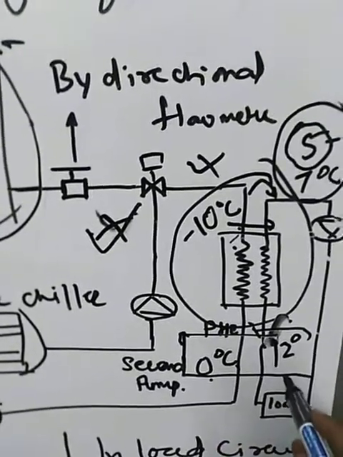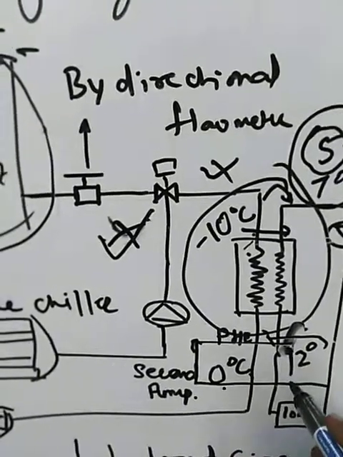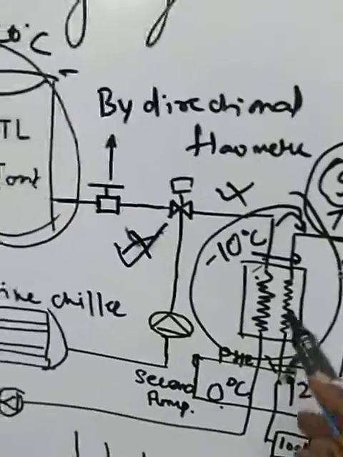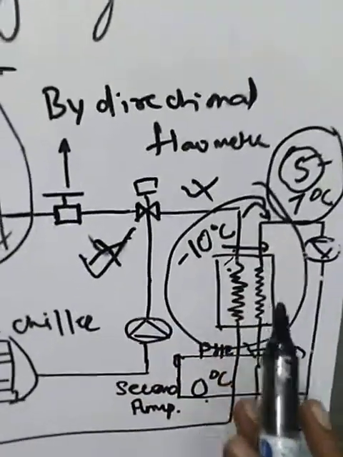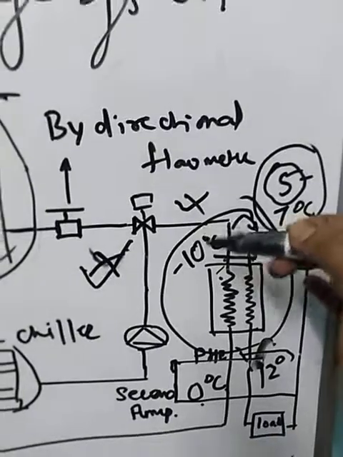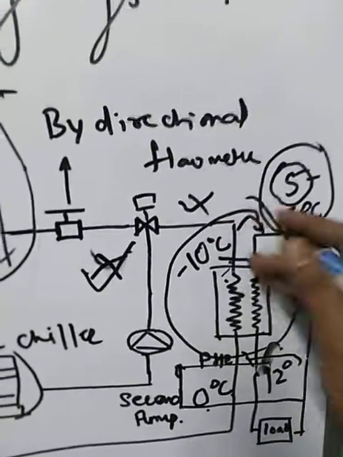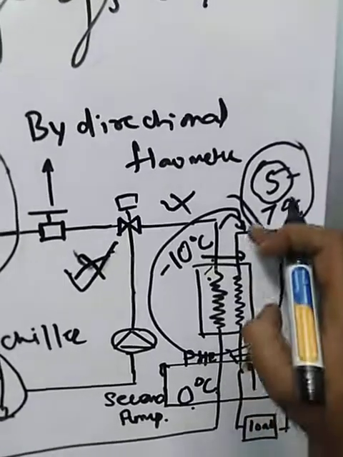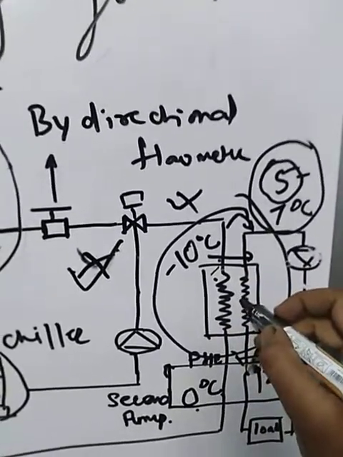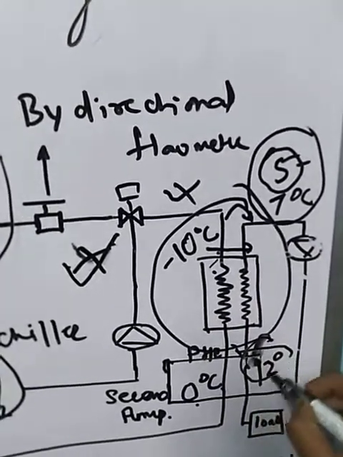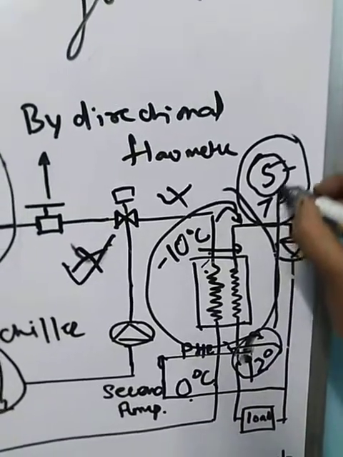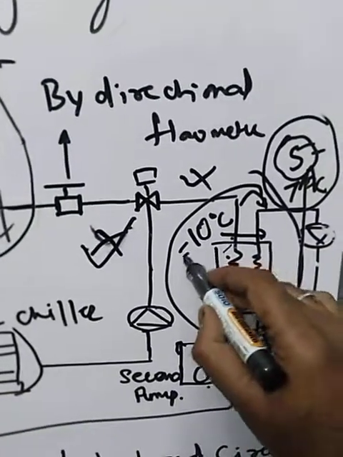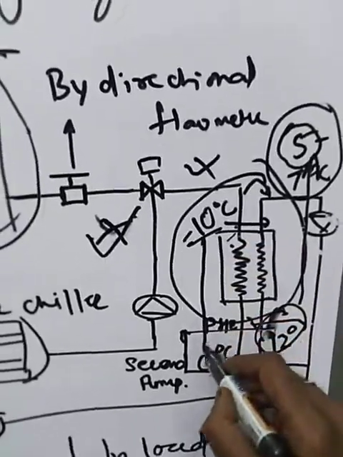It's a counterflow PHE basically, where minus 10 degrees centigrade brine is coming and 12 degrees centigrade water is coming. So heat transfer takes place here, and the 12 degrees centigrade water is converted into 5 degrees centigrade water, and minus 10 degrees centigrade brine is converted to 0 degrees centigrade.